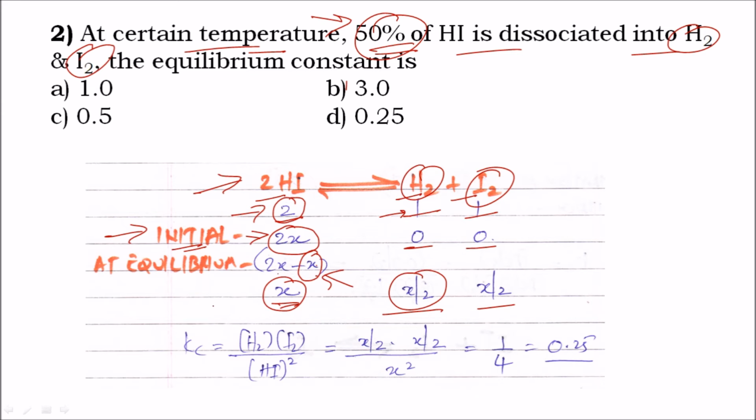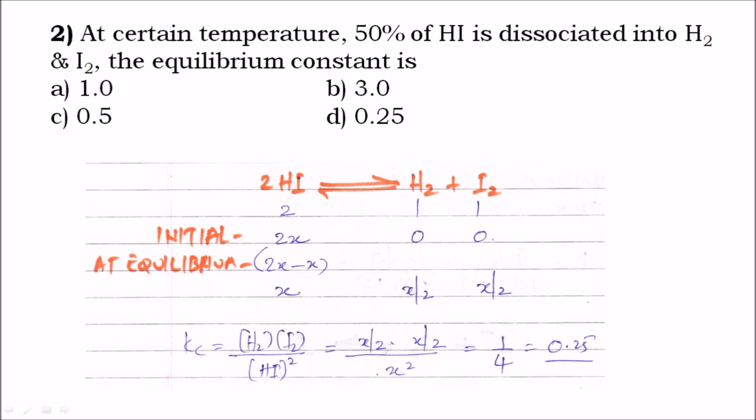Once you get all the concentrations at equilibrium, we can use the expression again, right? Similarly, Kc is equal to the products H2 and I2, the concentration of H2 and the concentration of I2, divided by the concentration of HI to the power 2, because we got the stoichiometric coefficient as 2. Once you write that, just substitute.